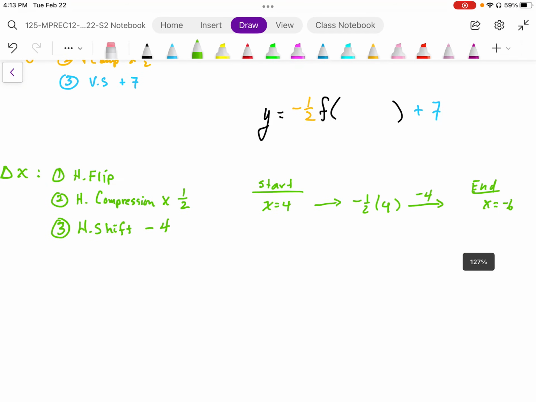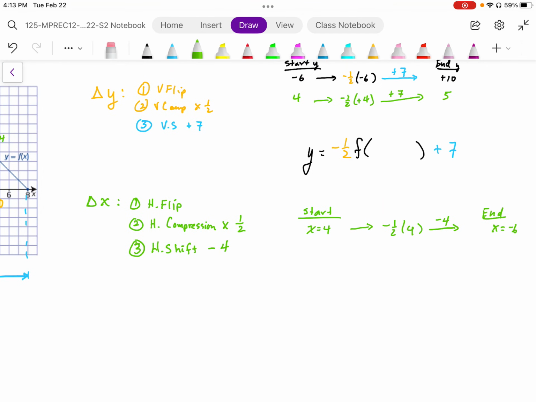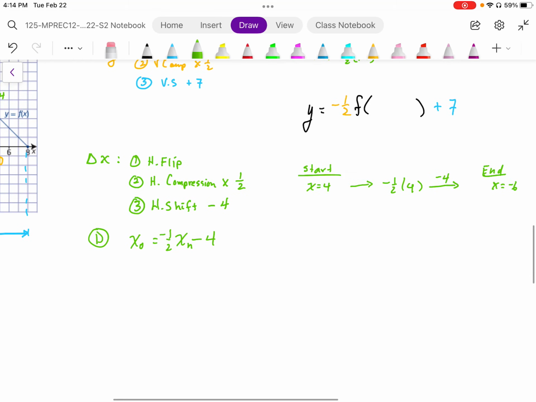So there's my transformation. The problem is I need to get it into function notation. So what I've actually done and what I put into my function notation are opposite. This is my transformation: flip and compress first, and then shift left last. And then I need to undo this to put it into function notation.